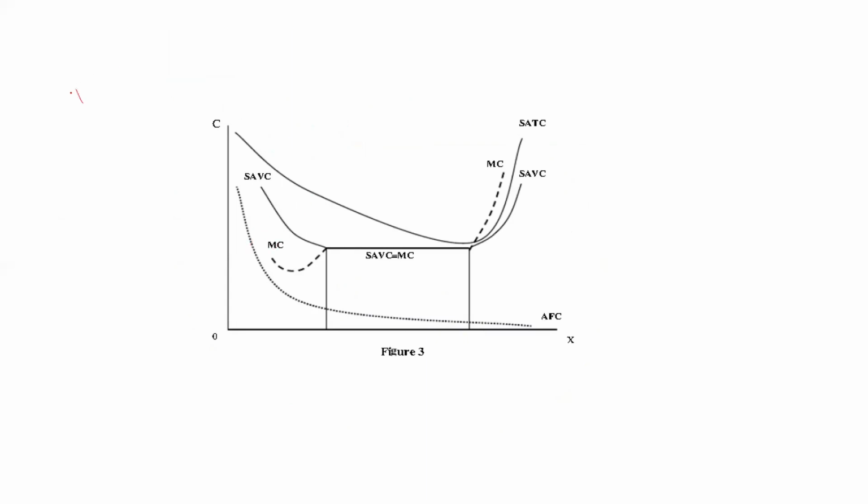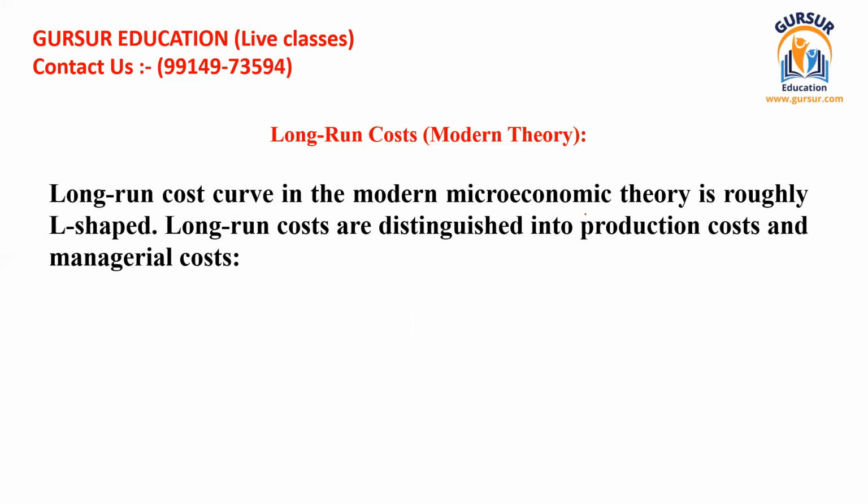I have already told you in the traditional theory that the long run average cost curve covers all the short run average cost curves, and the same is the case in the modern theory as well. If we are talking about the long run cost curves, they cover all the short run average cost curves under the modern theory.